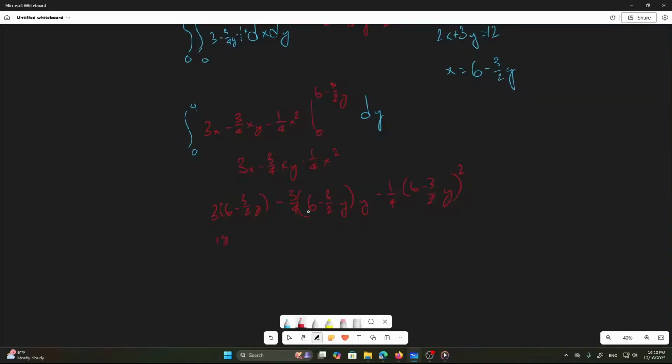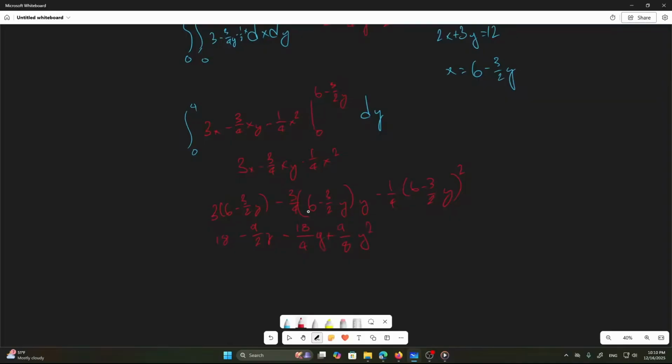So we get 18 minus 9 over 2y minus 3 times 6 is 18 over 4. And then here we have negative 3/4 times negative 3/2. So we would get plus 9 over 8 y squared.